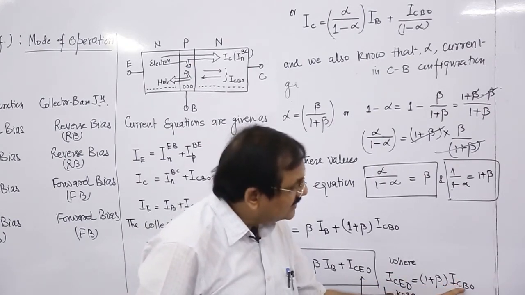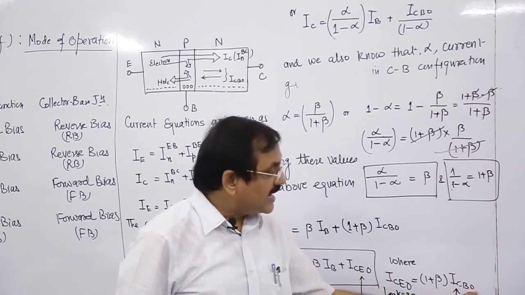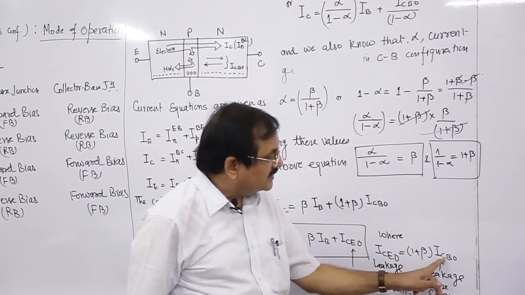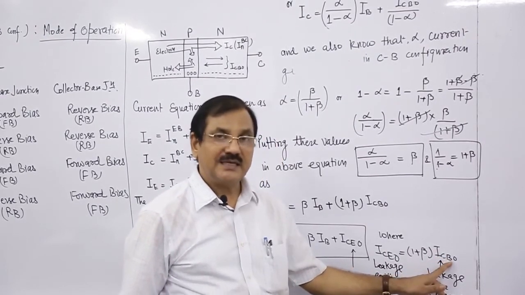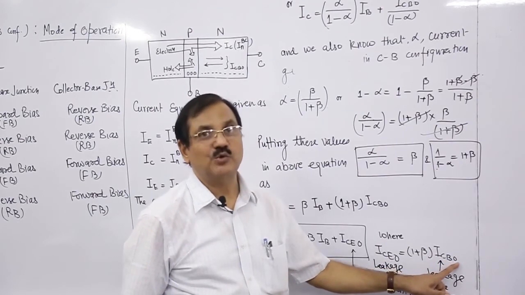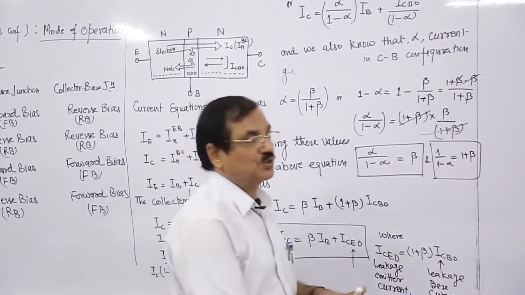ICBO means the circuit between C and B, collector and base, is closed and the third terminal is open.